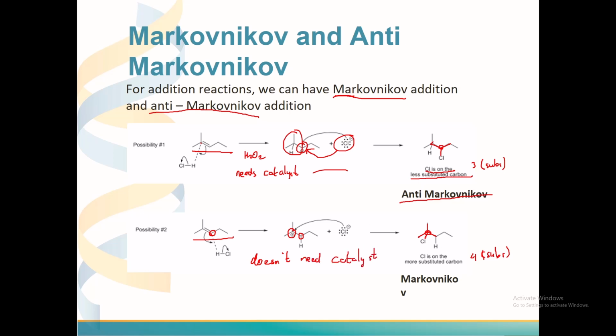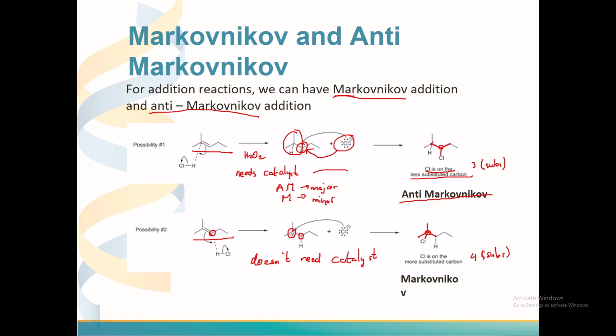But you will still get this product regardless of whether you have a catalyst or not. If you have a catalyst, for example this hydrogen peroxide, the anti-Markovnikov product will be the major product, and Markovnikov will be minor.